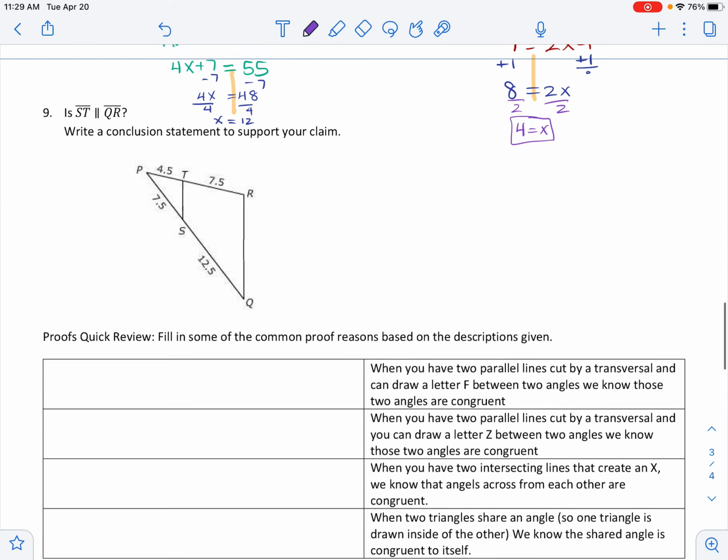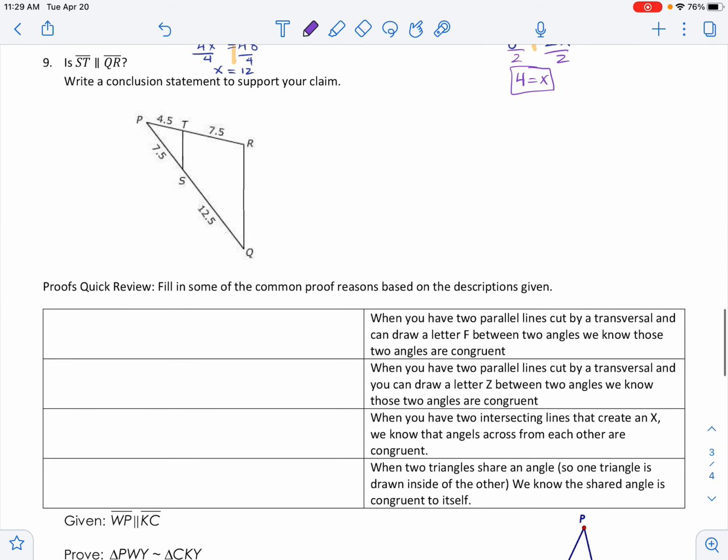All right, in this next section here, we want to test if the lines are parallel. To do that, we're going to see if the proportion is true for the sides. So what we're going to do is set up our proportion, and I'm going to go with PS over SQ. So this piece over this piece, and I want it to be equal to PT over TR.